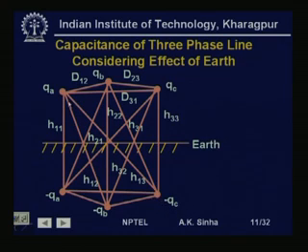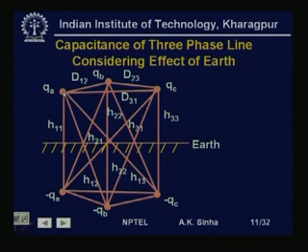Now, the distances from the phase conductors to the image conductors are given as, from conductor A to its image A dash, it will be H11, considering this is position 1.